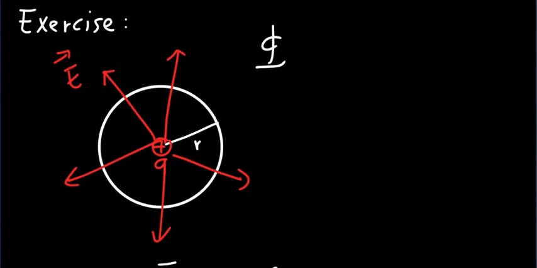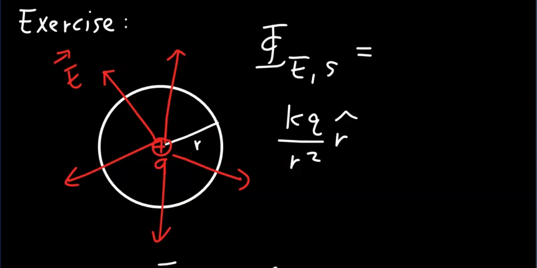Calculate electric flux for this example. Now we know the electric field is radial, and it's given by kQ over R squared in a radial manner. Now dot it into the smaller elemental area that forms that spherical surface, and that elemental area has a vector in a radial direction as well.